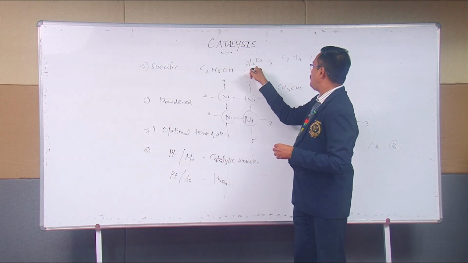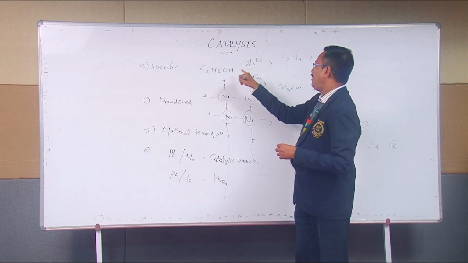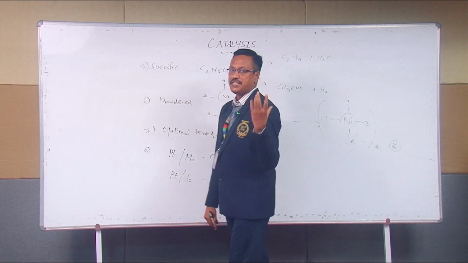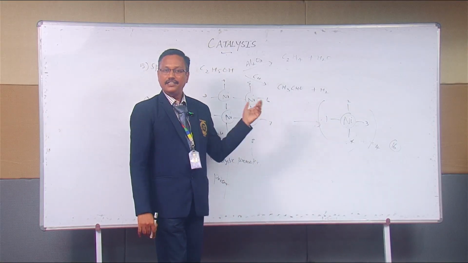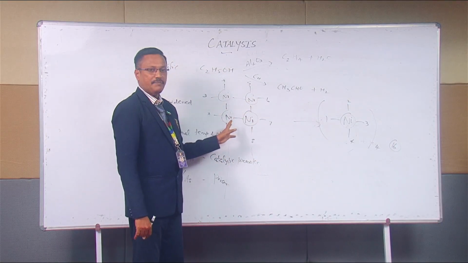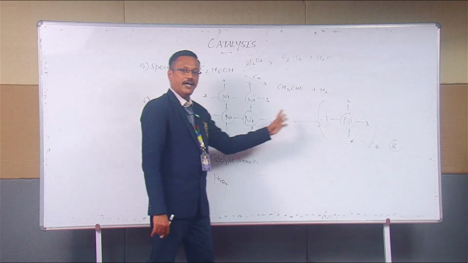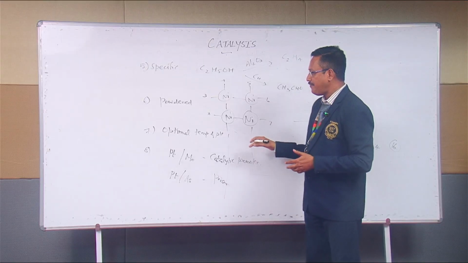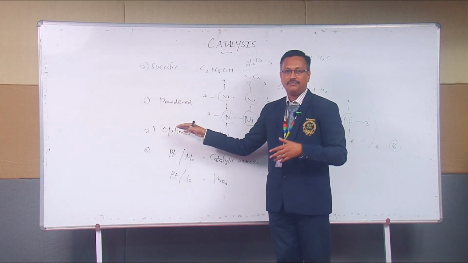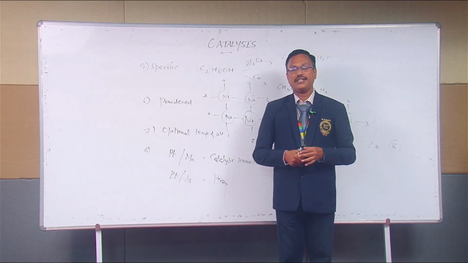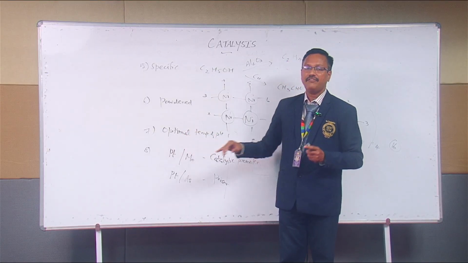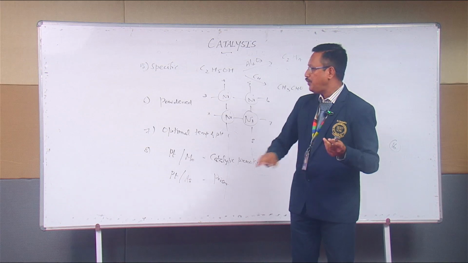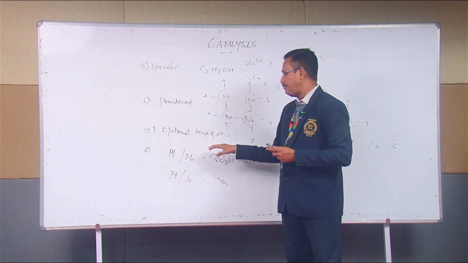In presence of aluminum oxide, it forms ethene. In presence of copper, it forms acetaldehyde. And then they show maximum activity in the powdered state. A simple example we have taken is solid nickel and powdered nickel, and we have seen how the efficiency is enhanced. And all the catalysts, be it chemical catalysts or biological catalysts or enzymes, have very good activity at a particular temperature and pH known as optimal temperature and optimal pH.